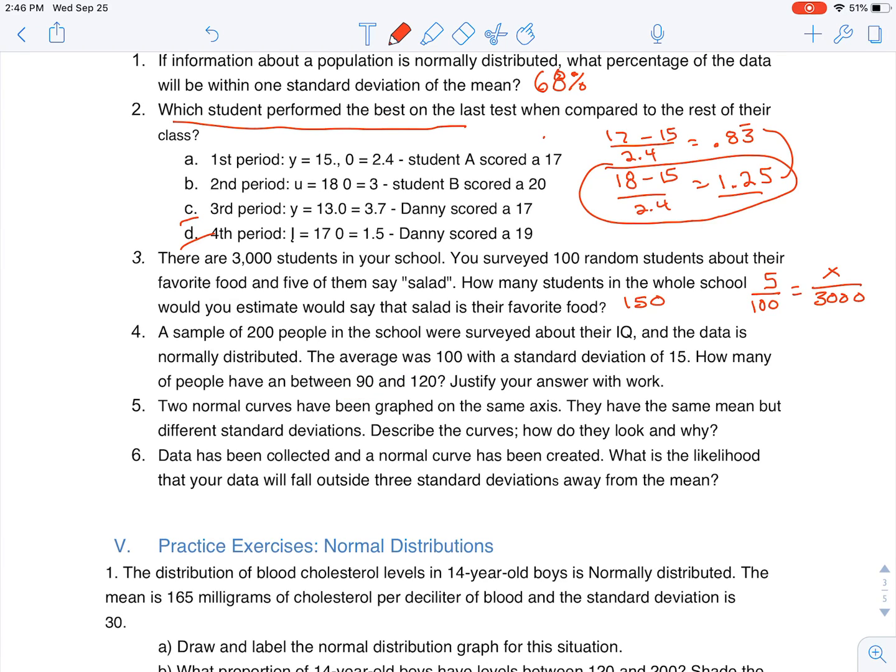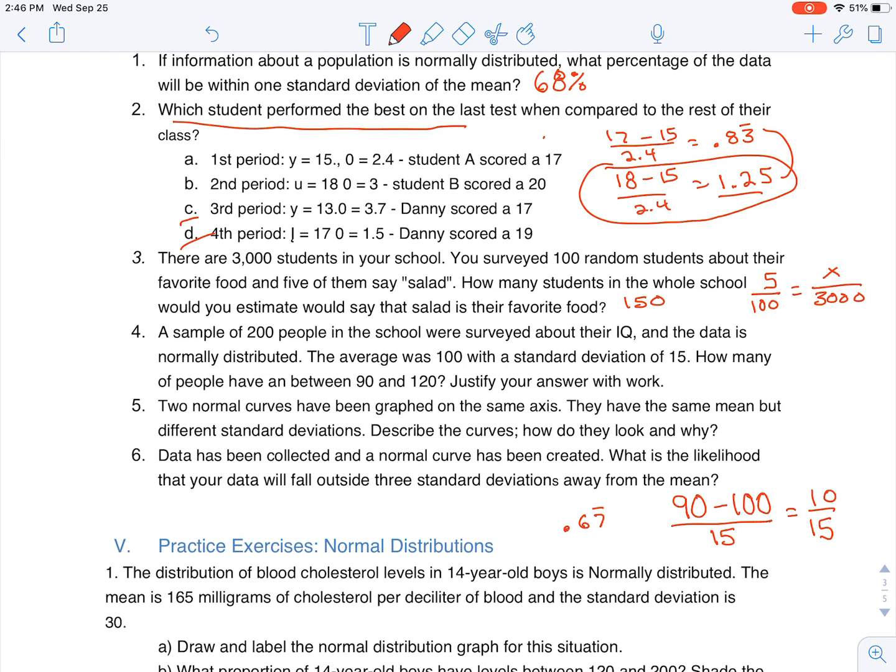So I'm going to find the z-score for 90. I'm going to go 90, take away my mean of 100, and then I'm going to divide it by my standard deviation of 15. And that's going to give me 10 over 15, which is 0.67 repeating.